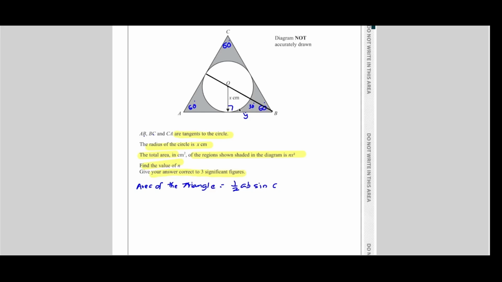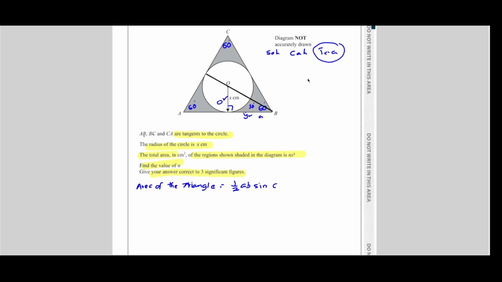Since this is a 90-degree triangle, this one becomes adjacent, attached to this angle, and this is opposite. So SOHCAHTOA: adjacent and opposite, this one, TOA.